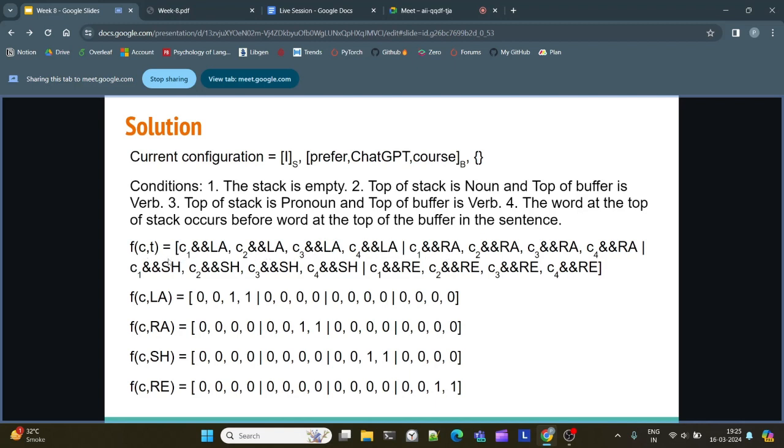You see how we have defined f of c comma t. For the same condition, say C1, once I'm associating it with LA, once with RA, once with SH, and once with RE. So forget about the transition. C1 would be true for any specific configuration.